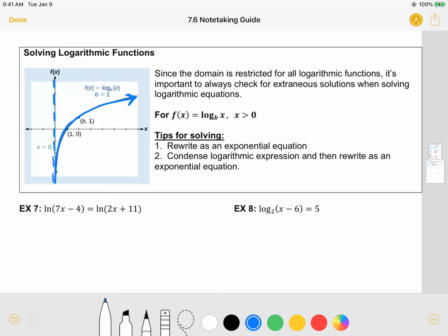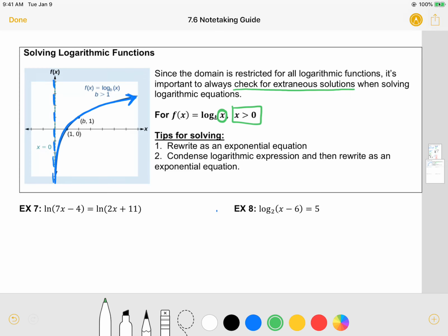So this value of x right here can only be a number greater than 0. So it's really important to check for extraneous solutions because sometimes some of your answers will not work.